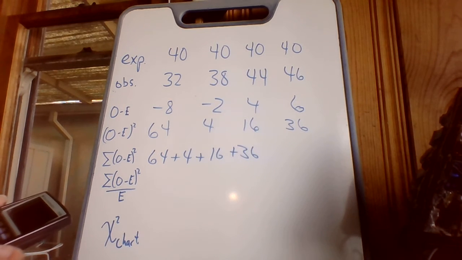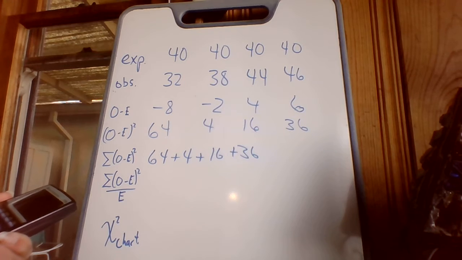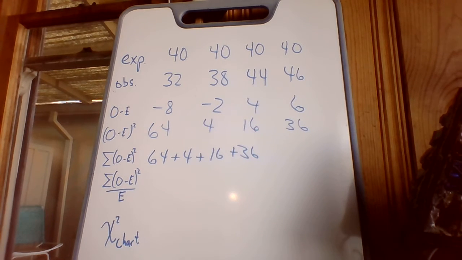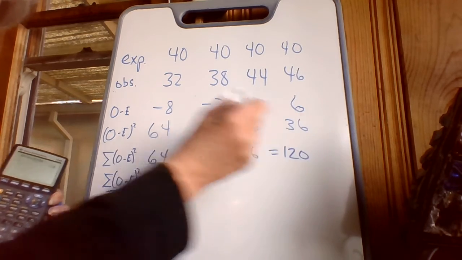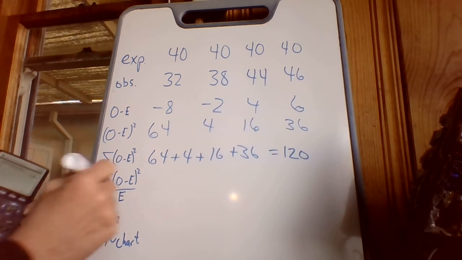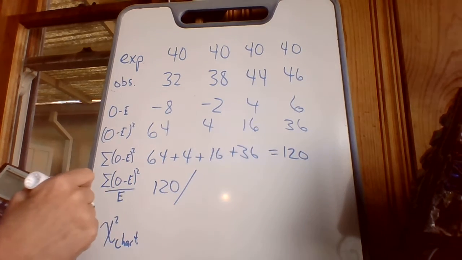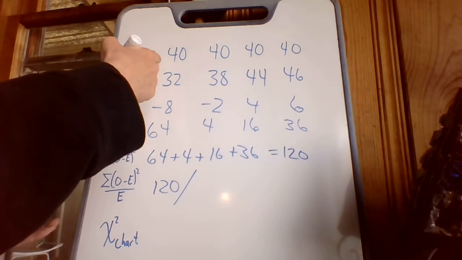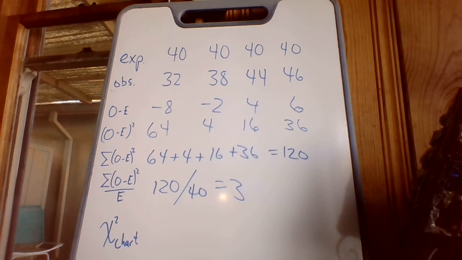That's 120. Okay, and then what it says is I'm supposed to take that number, the 120, and divide by my expected. My expected was 40. And that's a measure of the amount of fluctuation there is.